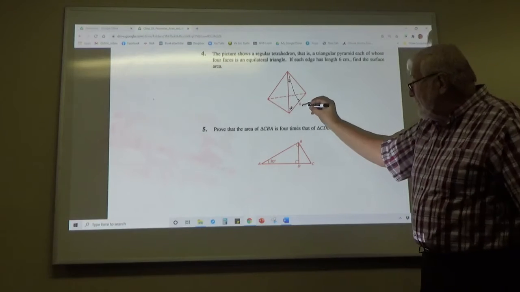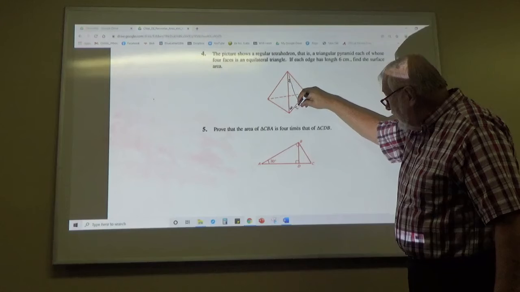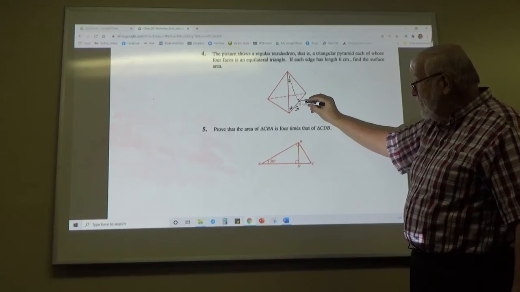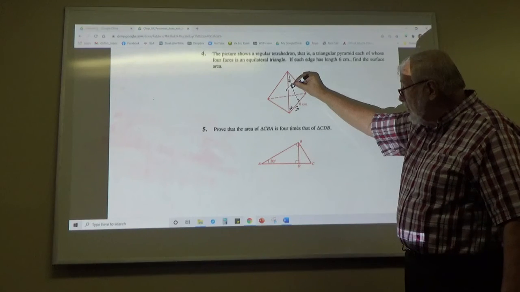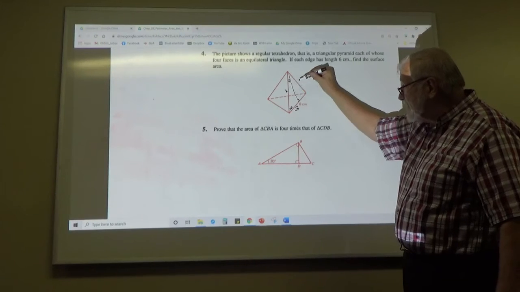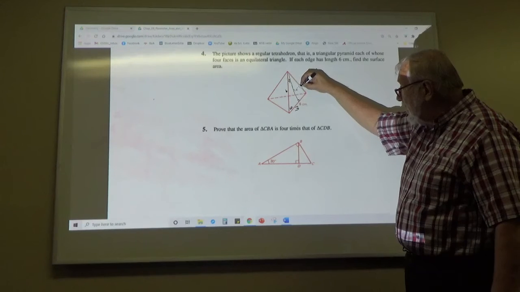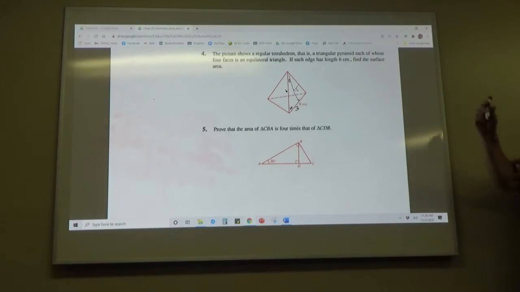And this angle is 30. The 30 side is half of this, because it's a bisector. So if this is 3, then this whole length is 6. And this is 3 times the square root of what number? If it's a 30, 60, 90. This goes back 3 chapters. All right, you and I talked about it on Friday.